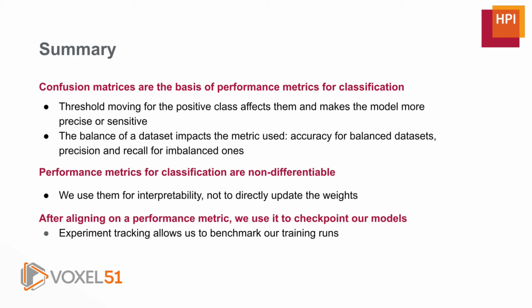So let's recap the takeaways from this lecture. We discussed confusion matrices, which are the basis for all classification metrics. We discussed how the thresholds that we use for positive determine whether we're doing predictions that have certain numbers of true positives, false positives, true negatives, false negatives.